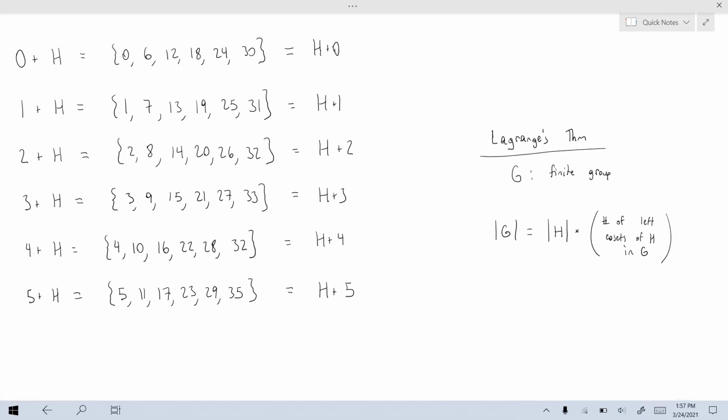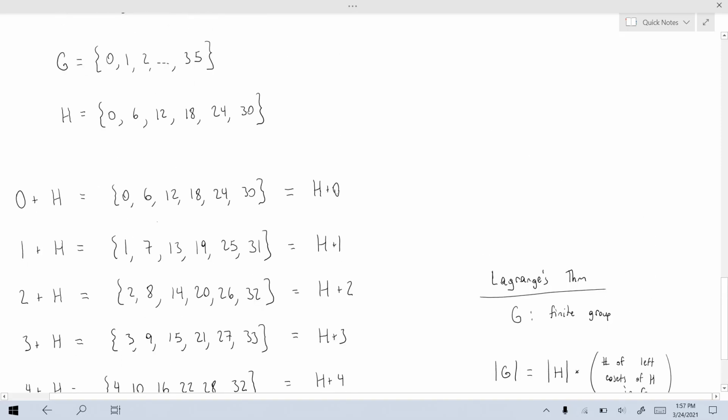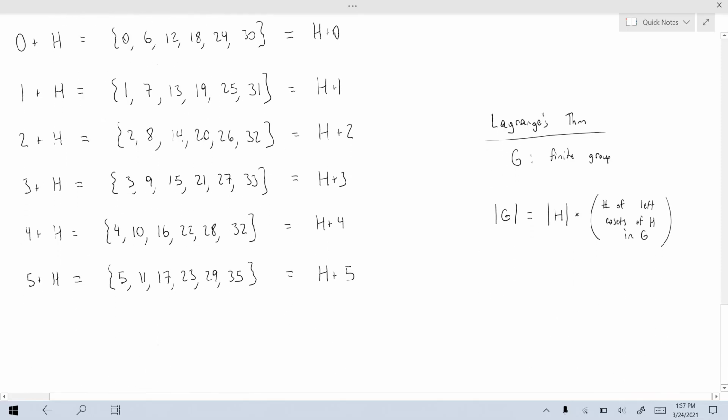So, that's just saying, like in this example, that 6, the number of elements in H, times 6, the number of cosets that we found, equals 36, which was the number of elements in G altogether. Okay?